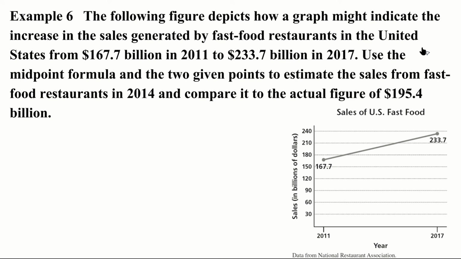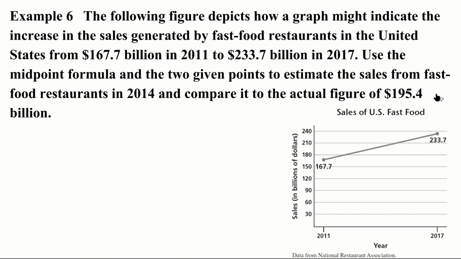We're going to use the midpoint formula and the two given points here to estimate the sales from fast food restaurants in 2014 and compare it to the actual figure of 195.4 billion.